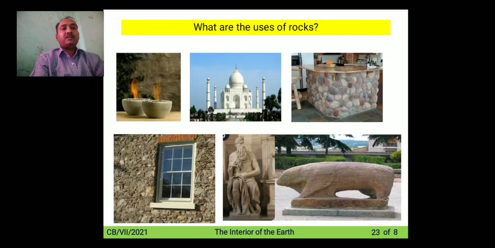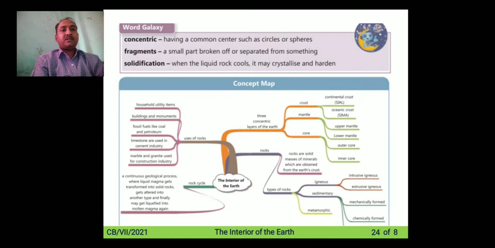Let us see, here is the last point of this particular PPT. It is specially concerned with the uses of rocks. You can observe this particular slide. Through this slide we can understand how the rocks are used for various purposes. So let us see, here there are some uses which are mentioned to you.